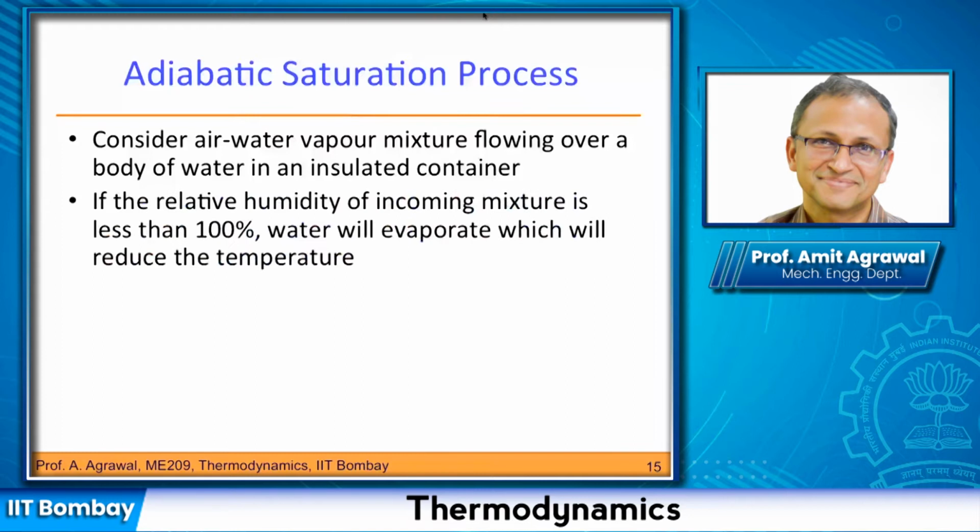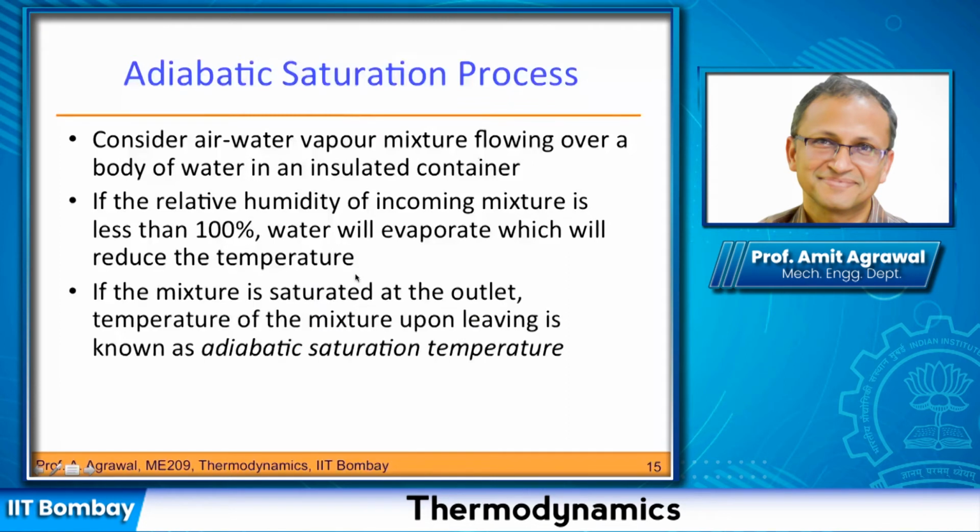So that's the process that we are considering. The relative humidity of the mixture is less than 100%, and then water has evaporated from a pan, and the outlet is now a saturated mixture. Whatever is the corresponding temperature of this saturated mixture, we can call it the adiabatic saturation temperature.